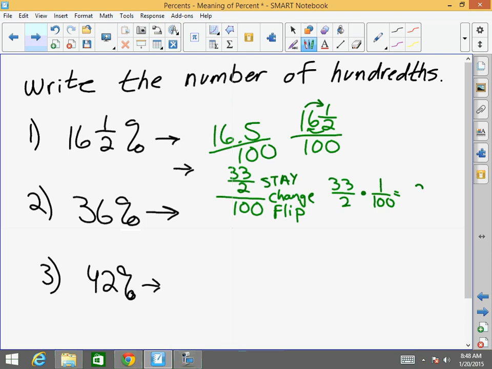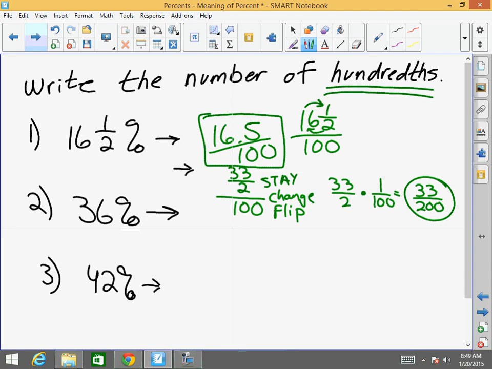So this would actually be 33 200ths. Okay? But the real answer was 16.5 hundredths because I asked it in hundredths. But that would turn into 33 200ths.